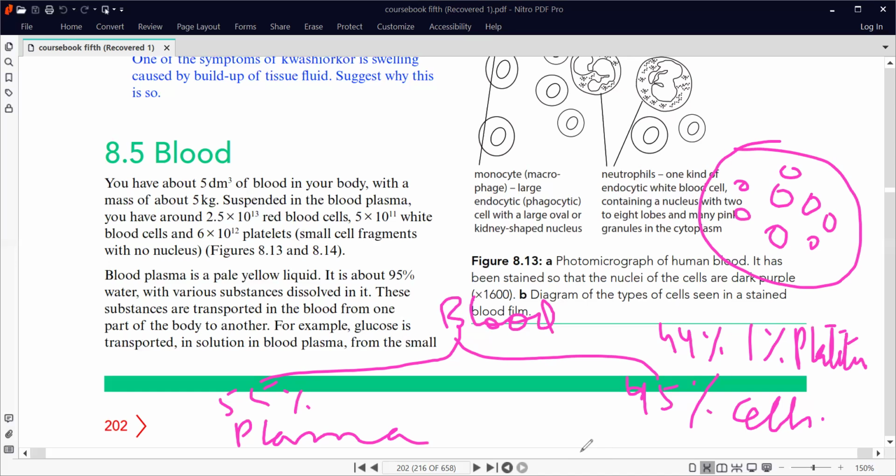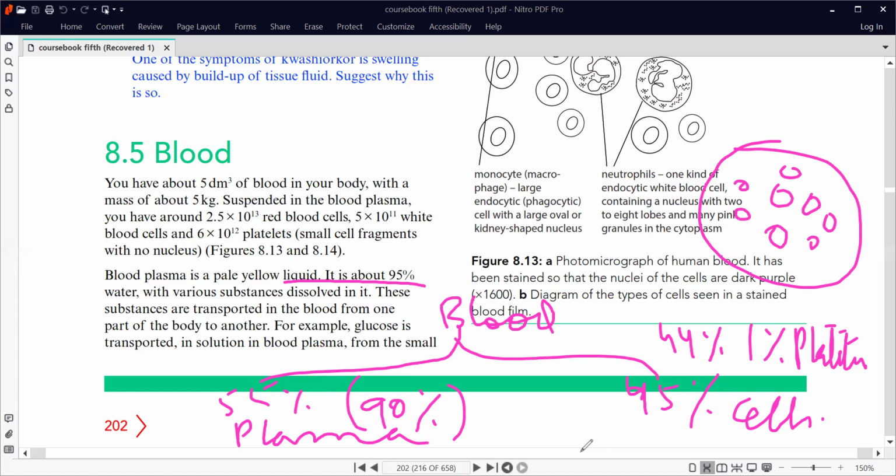The 55% plasma is composed of 90% or 95% water. In your book it is written 95%; in O-level books, they write 90%. So there is a lot of water in it, and it is a pale yellow colored liquid.